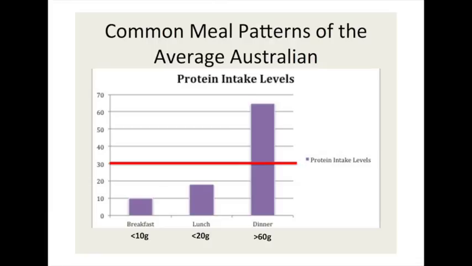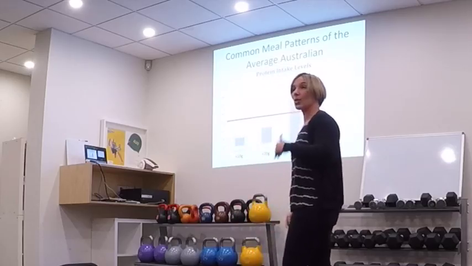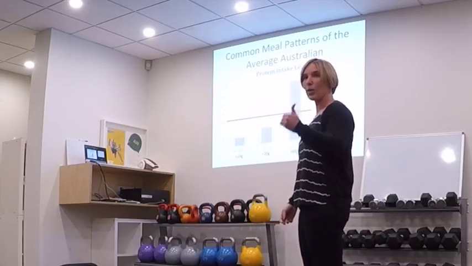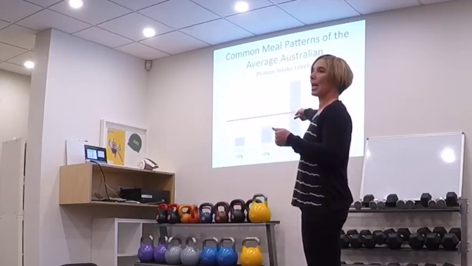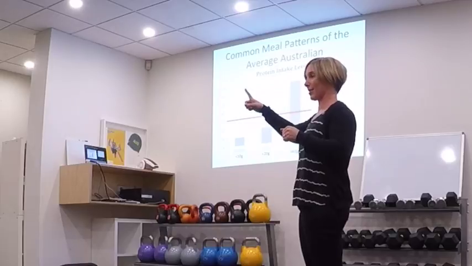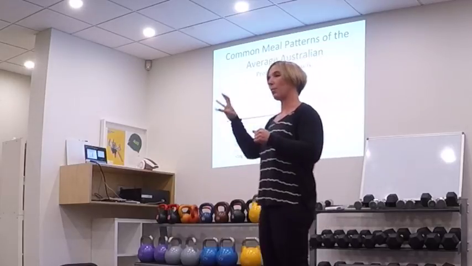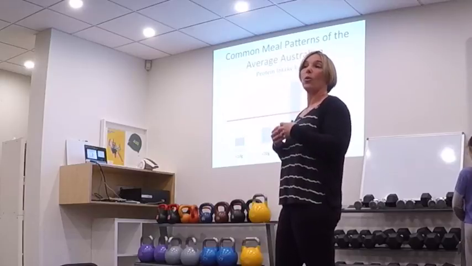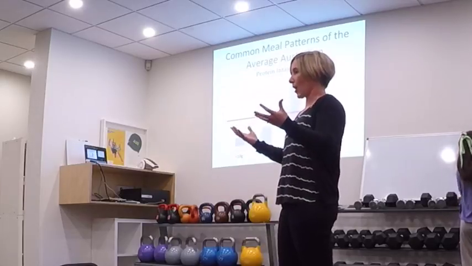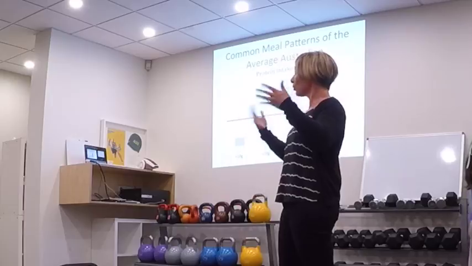If we took that same amount and all we did was distribute it differently, we would have a very different effect. Because 3 times in that day, we will stimulate protein synthesis, whereas in the typical day, we only stimulate it once. When we stimulate protein synthesis, we go into a state called an anabolic state, a building up state.